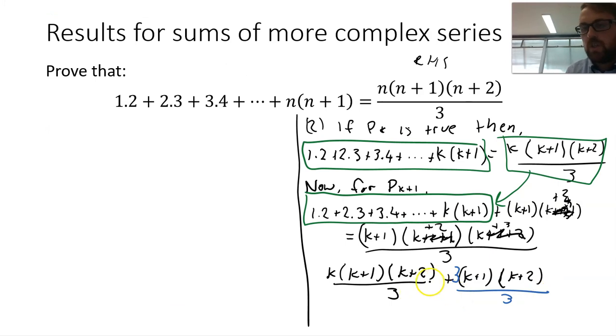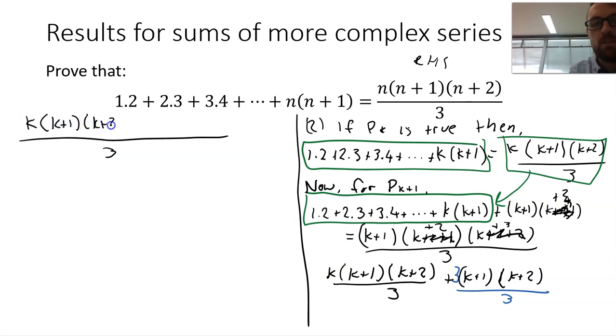So I can just straight up add them. They're both over 3, so I can make it a big denominator of 3. And I've got the first part, k lots of k plus 1, k plus 2. And I had to add that extra 3 to make it work, so I've got 3 lots of k plus 1, k plus 2.